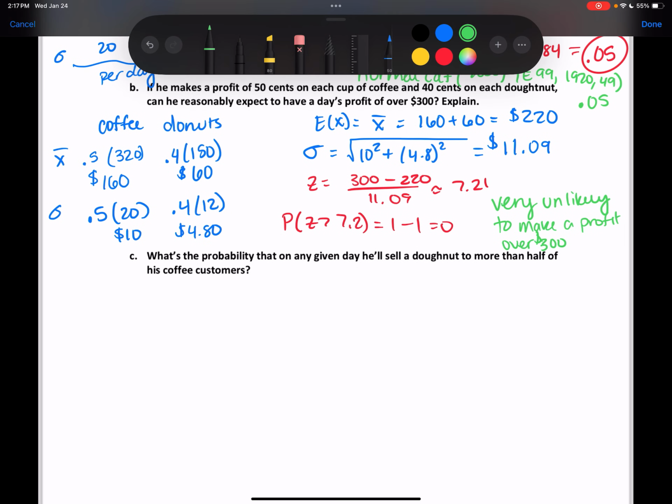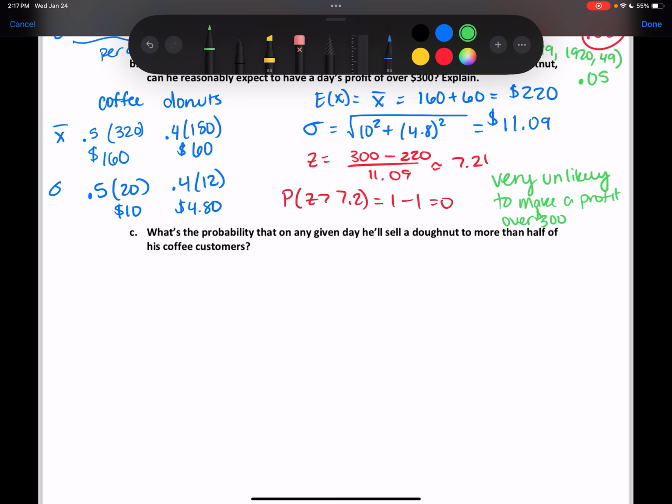That's sad. Poor dude. All right, the probability that on any given day he'll sell a donut to more than half of his customers. So we're running out of time here, but a donut to greater than 0.5 of coffee. So donut minus 0.5 of coffee is greater than 0.